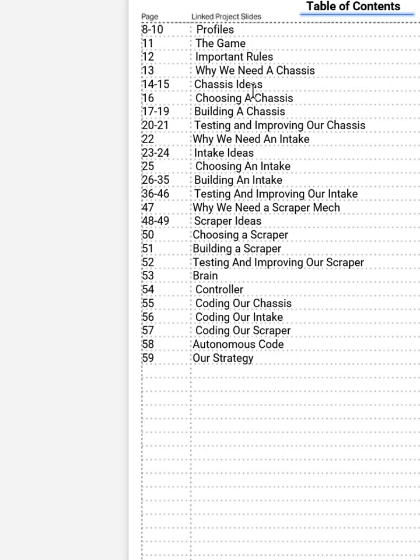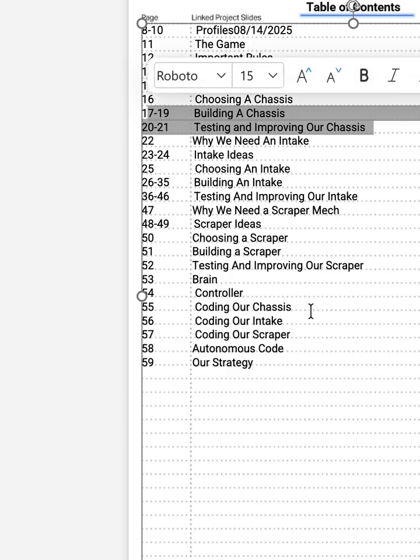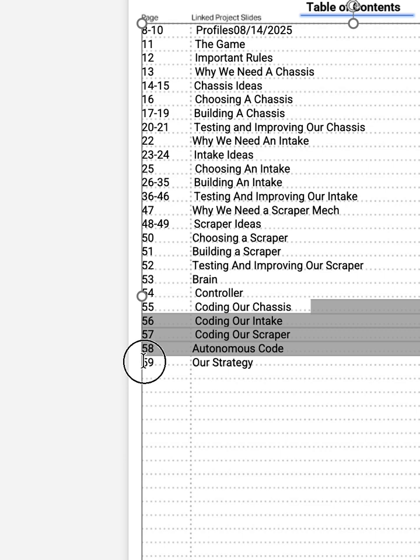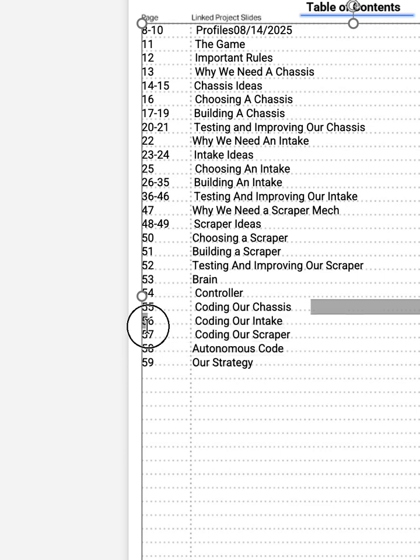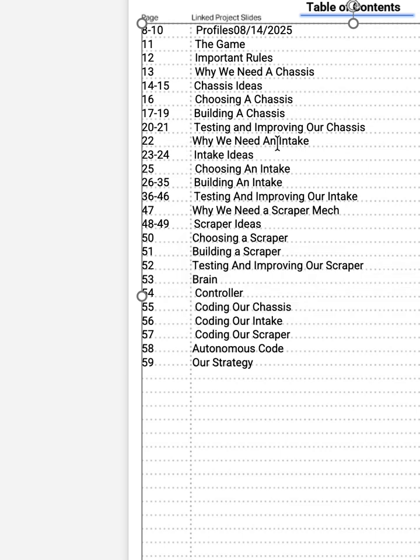So I've got all the stuff about the chassis right here. And then all the coding stuff is over here. This is sort of how we organize things. You can do it differently, like with the page numbers, but I found that this is the easiest way to organize.